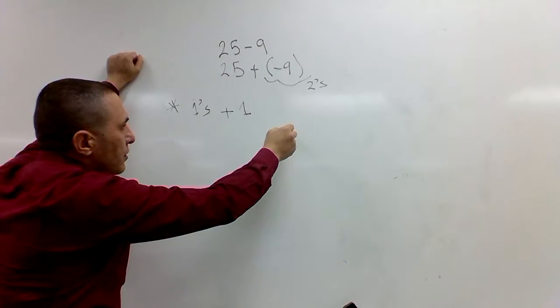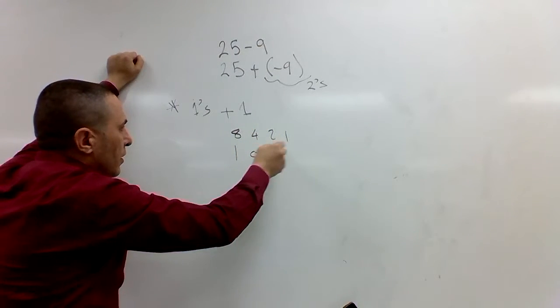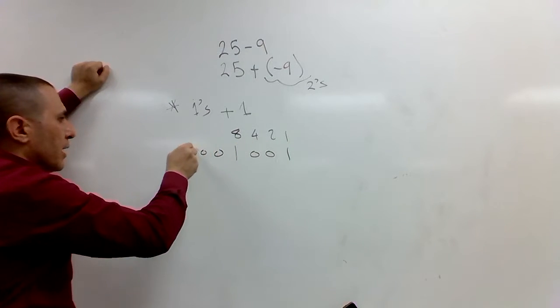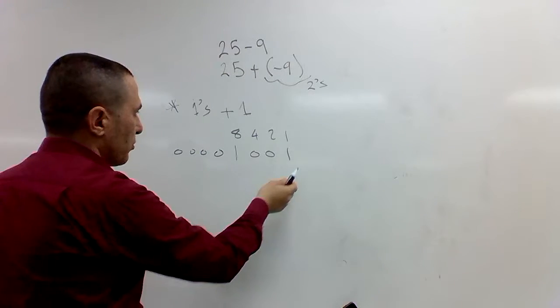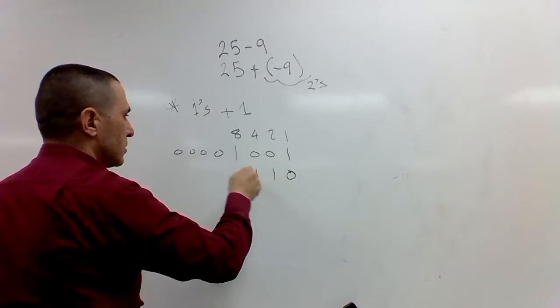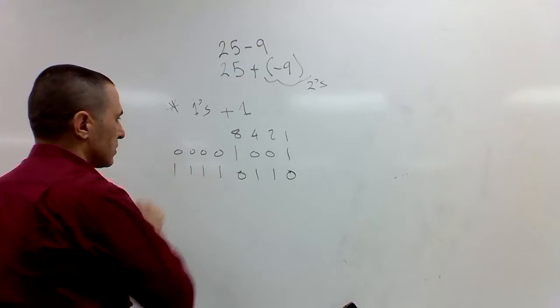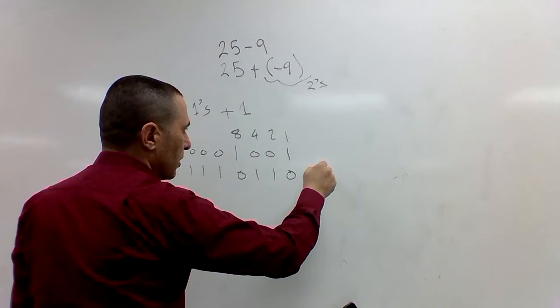What's 9 first? 1, 2, 4, 8. This is 9, and I add 4 zeros to make it 1 byte. Now flip. This is the 1's complement.